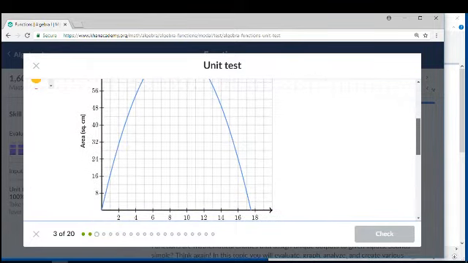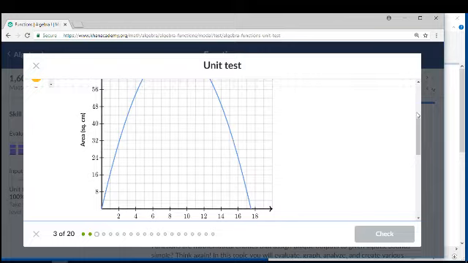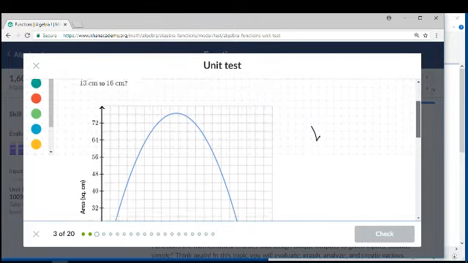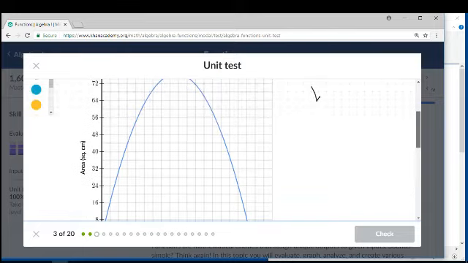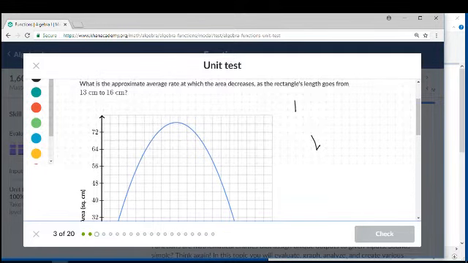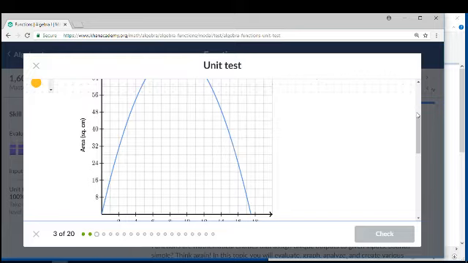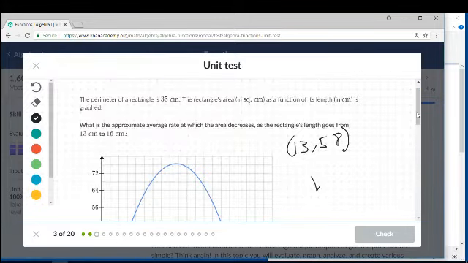When x is 13, y is 58. Oh, sorry, 13, 58. So we have 13, 58 as a point, and then 16, 24. 13, 58 and 16, 24.